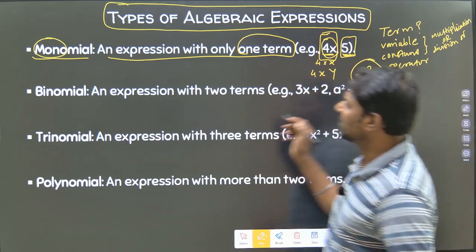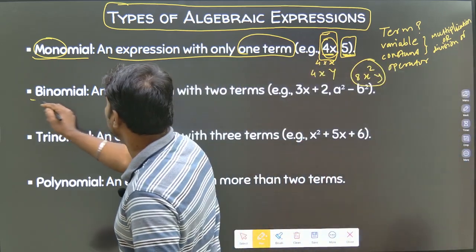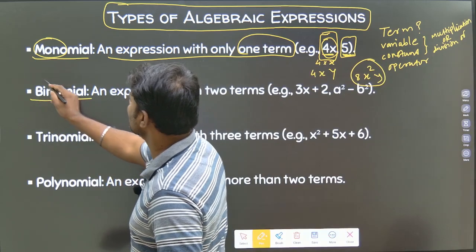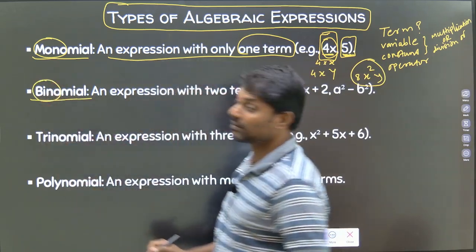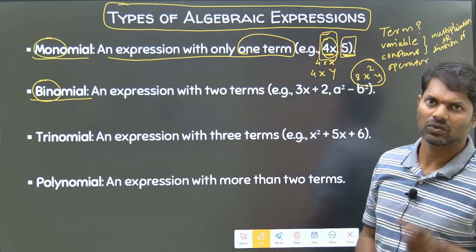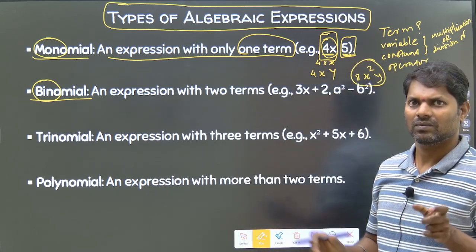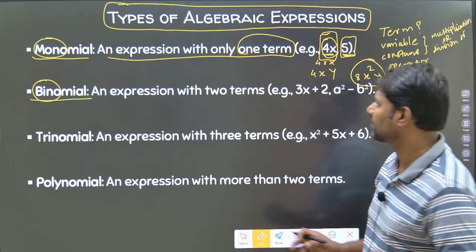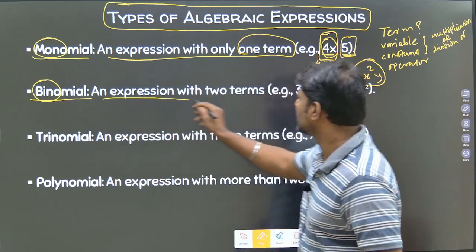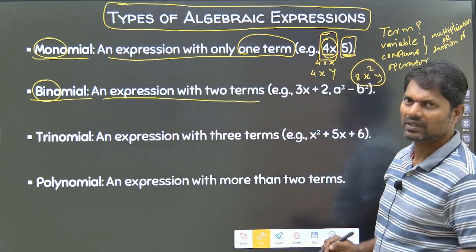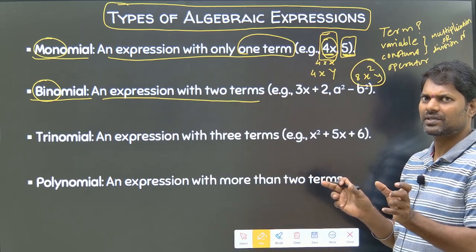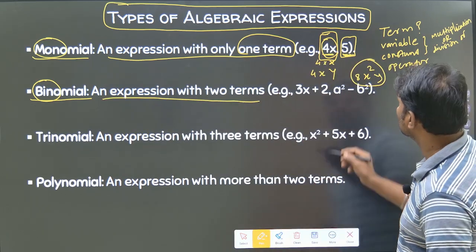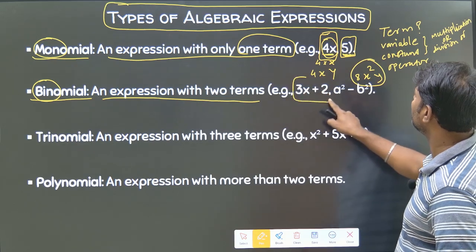Okay, so let's see the second type, binomial. Binomial means two terms are there. In between those two terms there may be addition or subtraction. An expression with two terms is called a binomial. So this is one example.